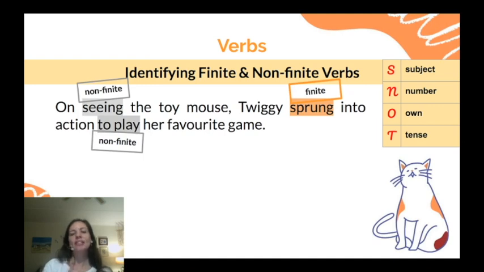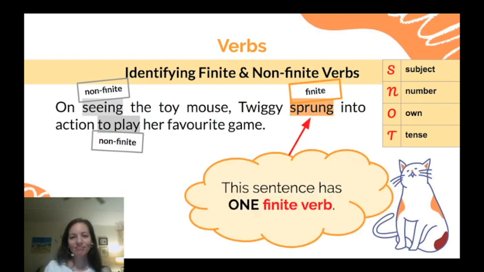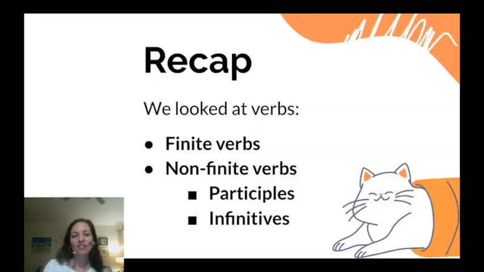That finite verb is the main verb of the sentence. If you think about it, I can't say "on seeing the toy mouse," full stop, or "to play her favorite game." It's not the main part of the sentence. The main part and the main verb is "Twiggy sprung into action." That is the main part of that sentence, and that's all we need. So we have our one finite verb.